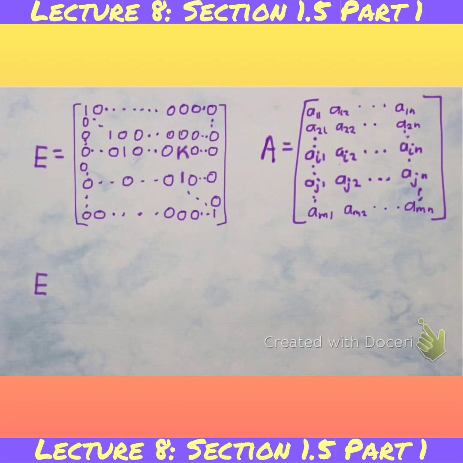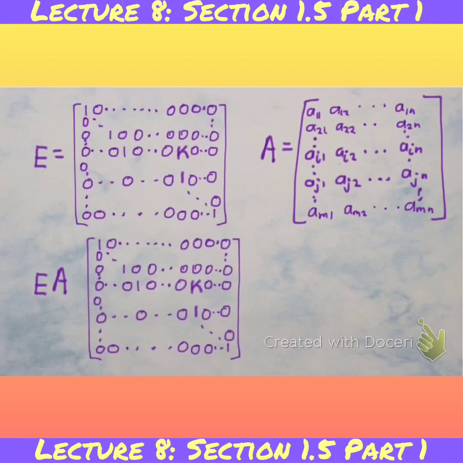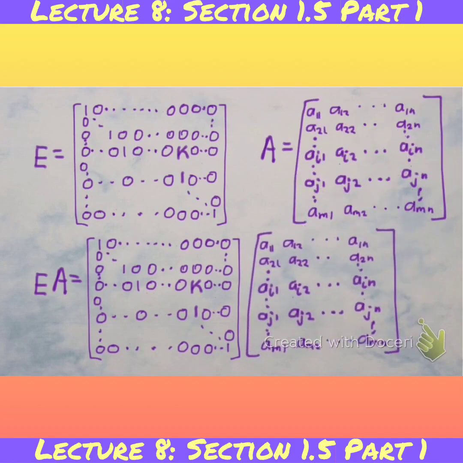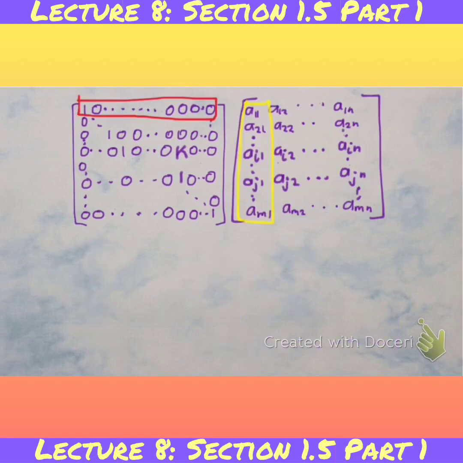Taking the matrix E and writing it next to the matrix A, we get the product, and now we can see what the effect of the operation is on the matrix A.